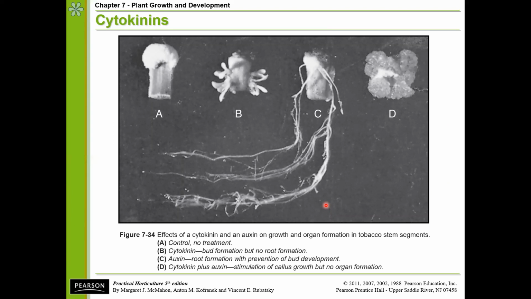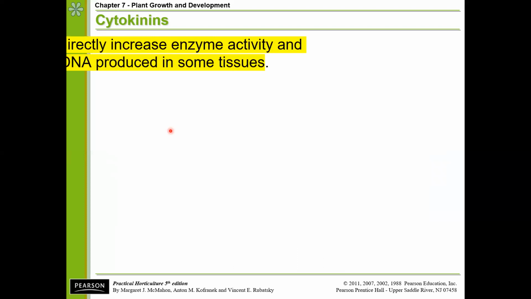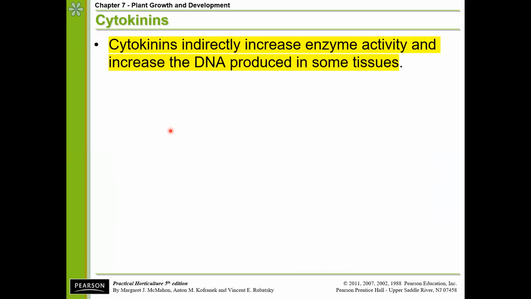This is in tissue culture here, using both auxin and cytokinin at the right stage to get it to form buds and roots, and both in order to get it to develop into a new plant from just a few cells. Cytokinins can also indirectly increase enzyme activity and increase the DNA that's produced in some tissues.